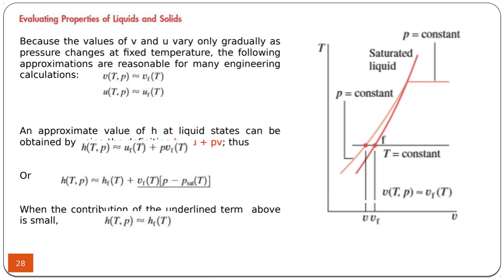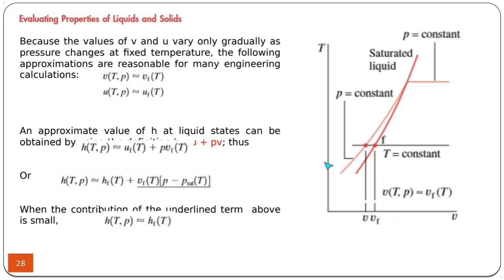You either have to have a table for compressed liquid, or there is another way to find the values for liquid. You can use the approximation that the property in the liquid zone is approximately equal to the property of the saturated liquid at the given pressure.